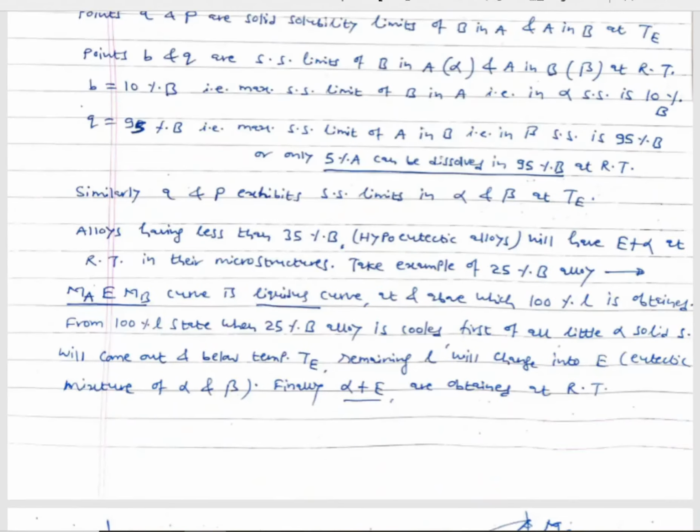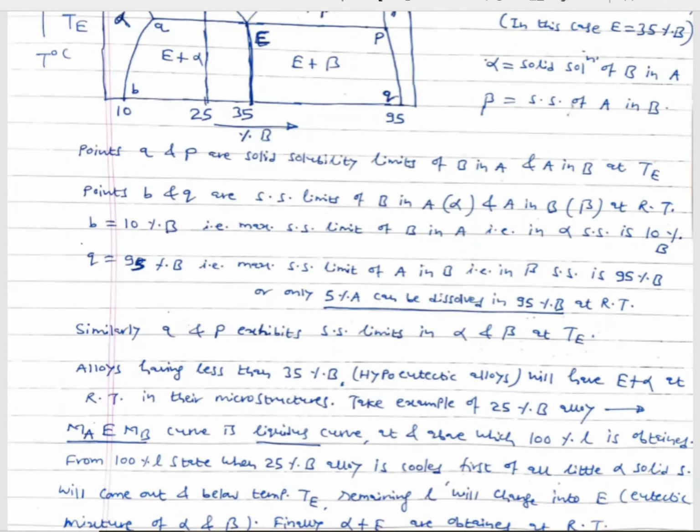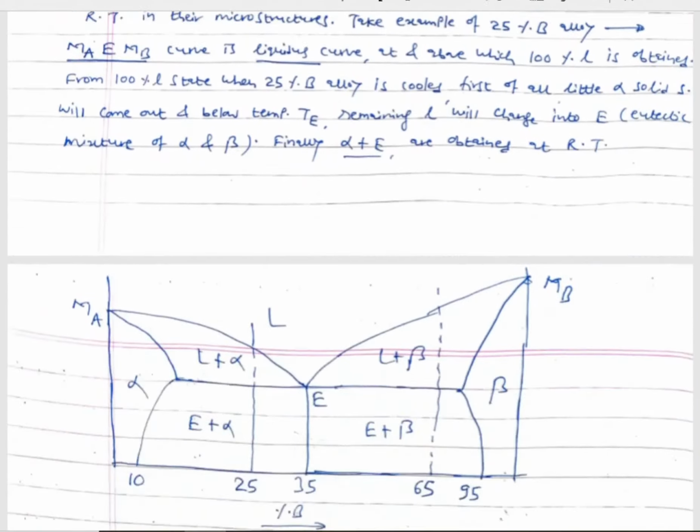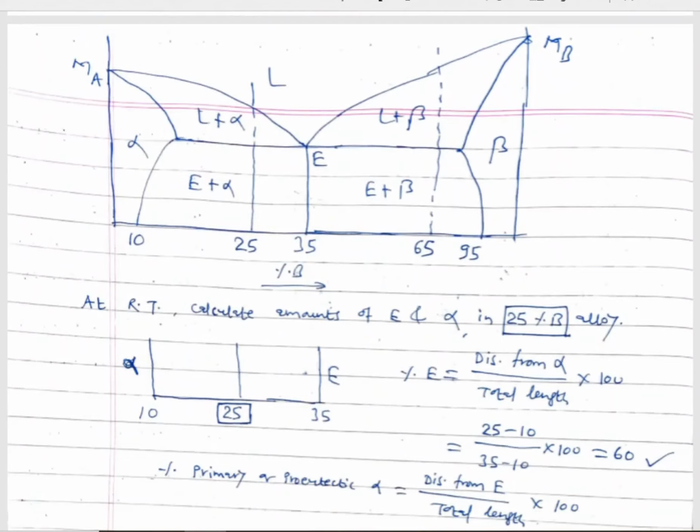Now we will see how to apply the lever rule for the same example. At room temperature, calculate amounts of E and alpha in 25% B alloy. So the boundaries are alpha at 10, corresponding to solid solubility limit at room temperature, 25 the overall chemical composition, and E at 35% B, at which 100% eutectic is obtained.